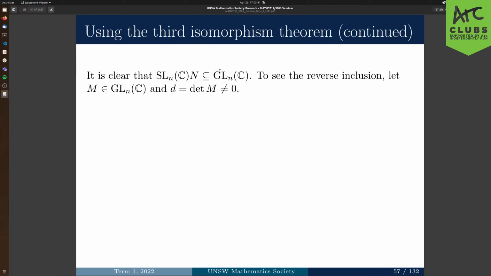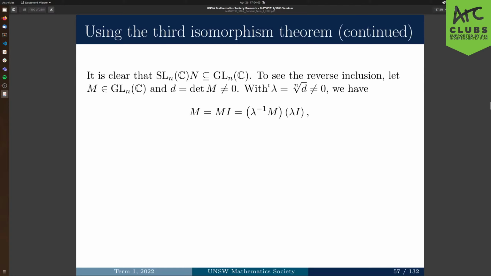One way I could do it is to let my constant lambda, which multiplies the identity matrix, be the nth root of D. The nth root of D might be complex, but that's okay because we're working with the complex numbers. Then I can write M as M times the identity, that's the property of the identity matrix.